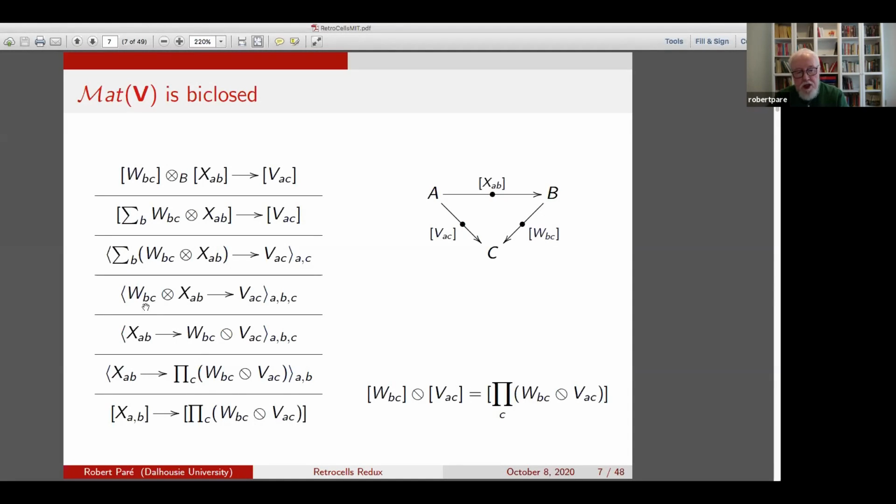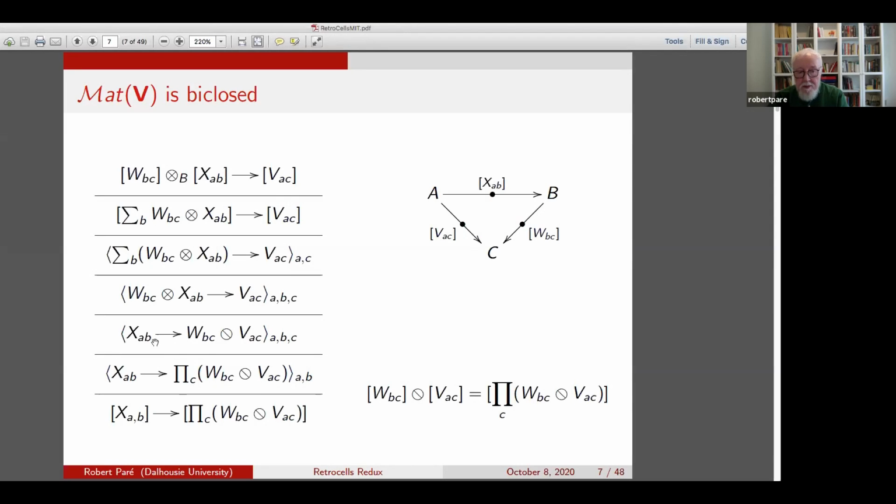So what you get then is that these are in bijection with families from W sub BC tensor XAB into VAC indexed by A, B, and C. Now you can flip this W over and use the internal hum in V. I'm assuming that V is itself biclosed. So this is the internal hum in V. Now I have a family of maps, but still indexed by A, B, and C. But I want something indexed just by A and B. So I take the product over C of all of these.